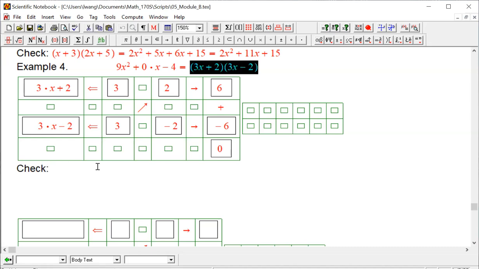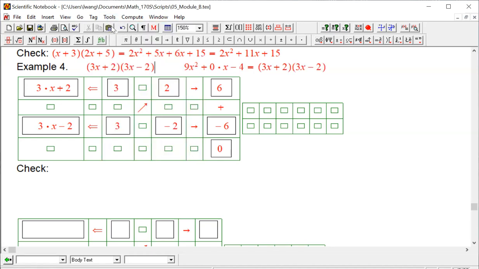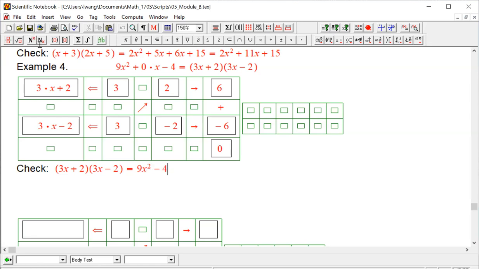We're going to FOIL, and you can FOIL by a plus b times a minus b, and you're going to get 9x squared minus 4.